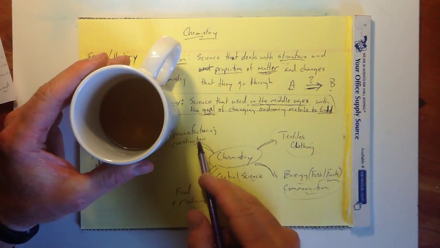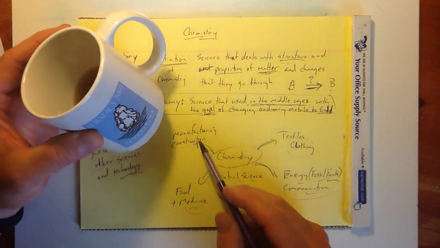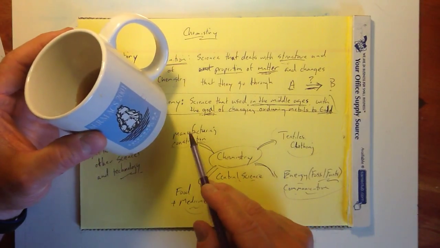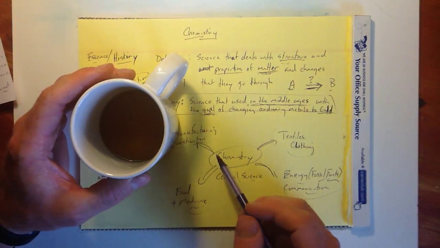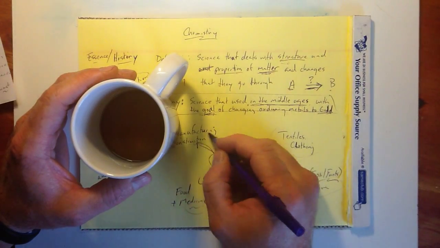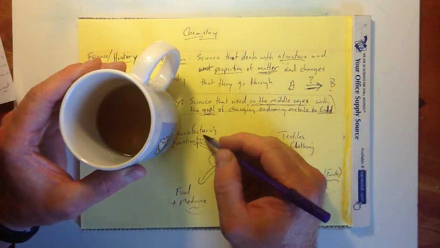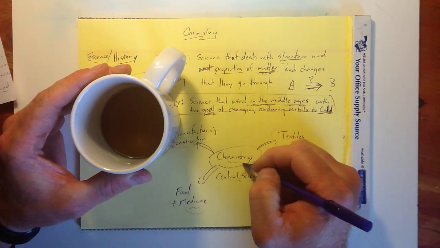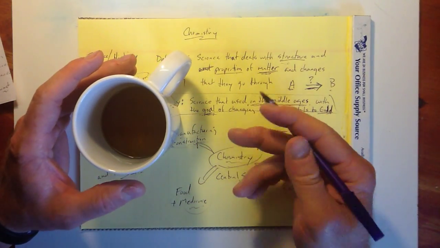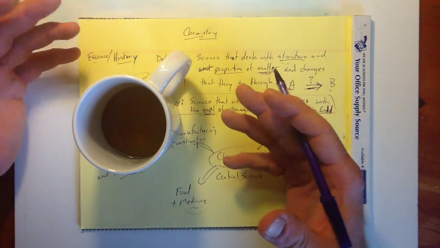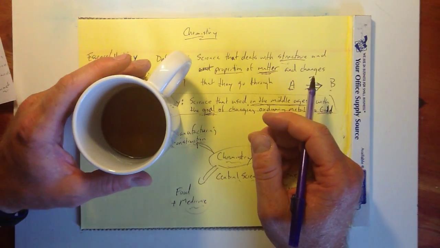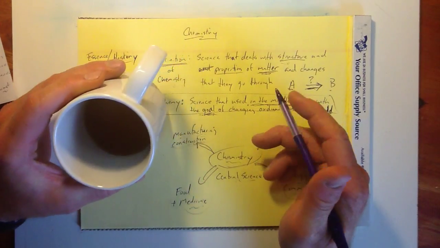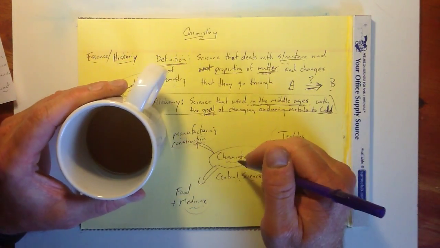I guess I don't have it here, but manufacturing. A coffee cup, I think, would fall under this industry. Manufacturing things that can be used around the house, whether it be coffee makers or can openers or whatever it might be. We need a chemist to maybe help us understand how to make that coffee maker stronger, or the can opener blade last longer. We might need a chemist to help us do that.